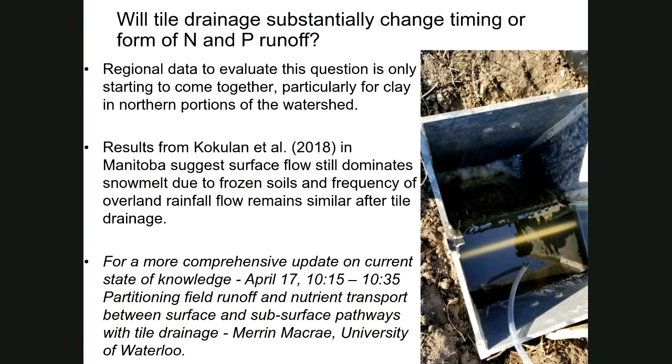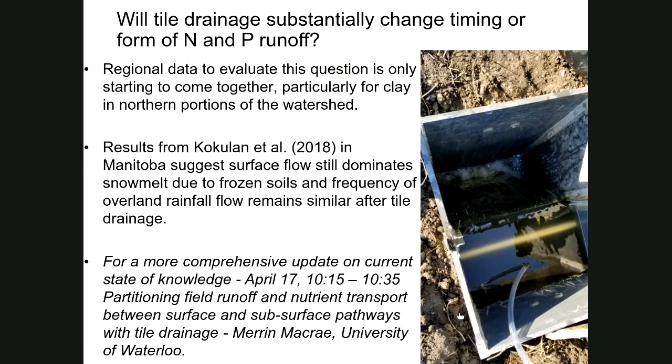But some of the results that have been published so far from Coquelin and others in Manitoba suggest that surface flow still dominates the water balance during snowmelt because there are frozen soils, and the frequency of overland flow actually remains fairly similar as well, just because of infiltration rates and the intensity of events that actually result in runoff.